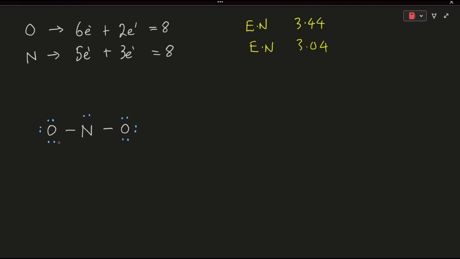Now, if this lone pair is converted to a bond, and likewise this lone pair, we're going to have this Lewis structure. With this Lewis structure, the octet rule is satisfied for this oxygen atom as well as for this oxygen atom, because each of them has 8 electrons in its valence shell, 4 non-bonding electrons and 4 involved in bonding.